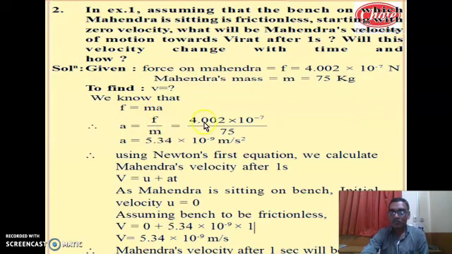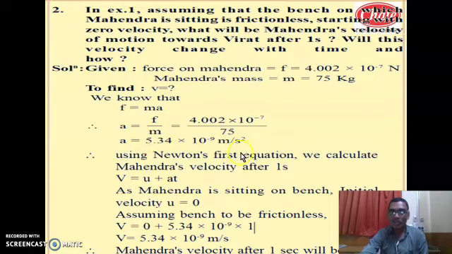Force is 4.002 into 10 raised to minus 7, the force of attraction between Mahendra and Virat, divided by the mass of Mahendra. Dividing by the mass of Mahendra gives the acceleration of Mahendra, and solving we get 5.34 into 10 raised to minus 9 meter per second square.